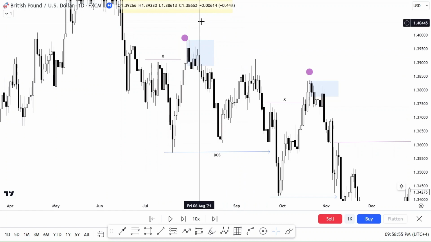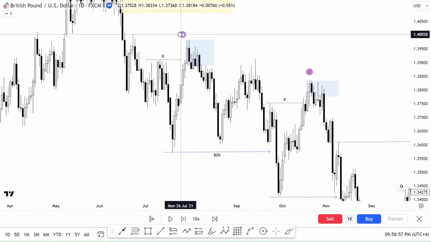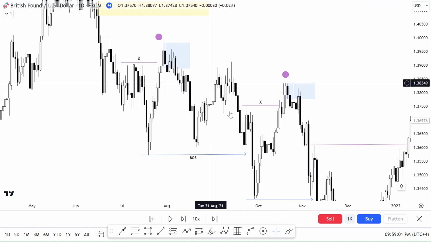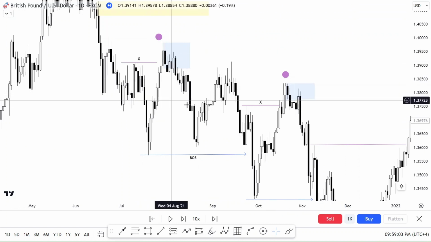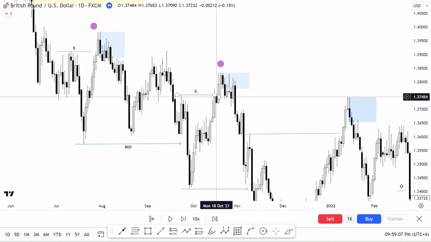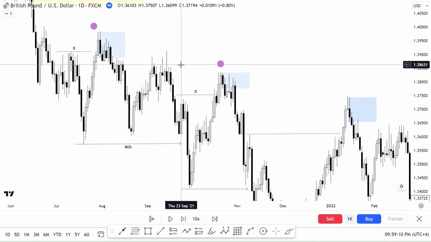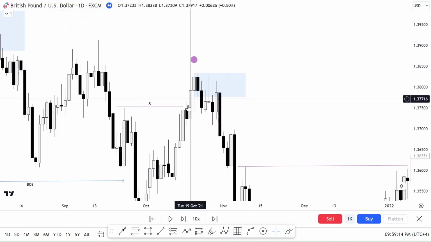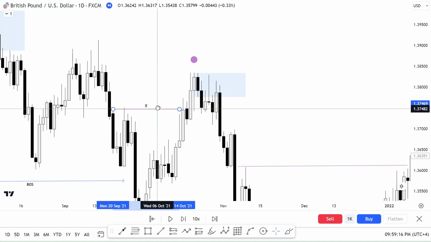So this is the highest point after breaking the structure. You need to look if there is any order block. Here there is no real order block. So the only thing you can do is wait for a single candle order block after taking the liquidity. So in this scenario here, the market took the liquidity, took the inducement, right?